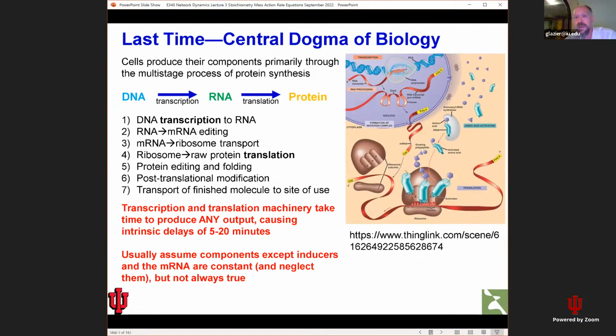So just reviewing what we did last time, we talked about the central dogma of biology, how you go from DNA to RNA to protein. The key point is that there's a lot of spatial organization here and there are a lot of steps. And to just assume that you go from transcription factor to protein directly neglects, if nothing else, a lot of delays in the problem. And also stochasticity.